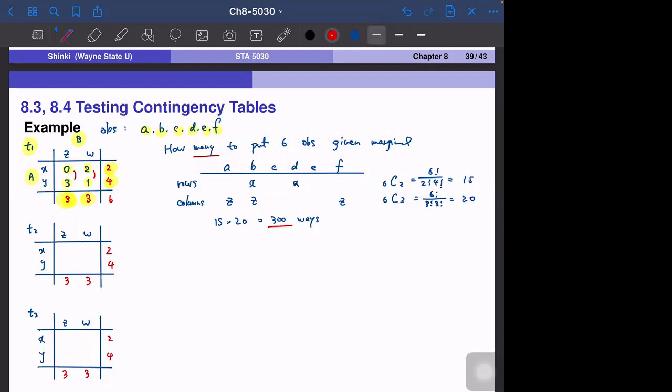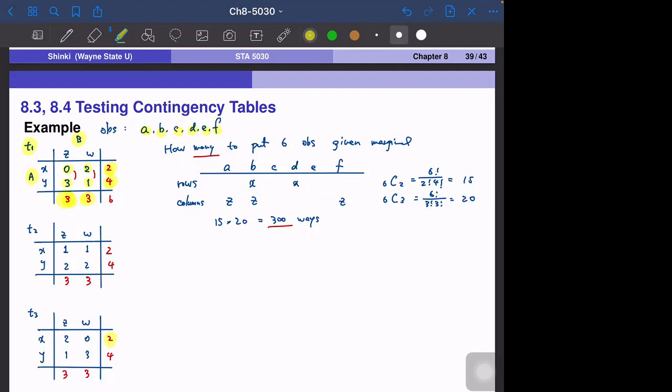And actually there are 3 possible tables, because if you determine the upper left cell, which was 0 in the first table, but if we put 1 in this table, automatically the other numbers are determined because the marginals are given. And if the upper left is 2, then this is 1, 0, and this is 3. And it cannot exceed 2 because the row total for x is 2. So we only have the 3 tables.